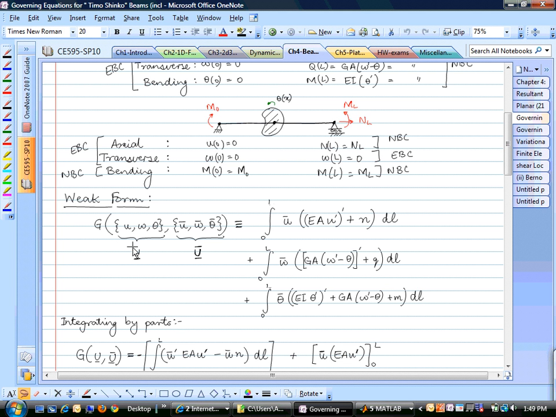So if we take this weak form, and we just multiply these three different terms with different scalars, all that we are doing is, finally, when we get our kd minus f, we are taking some of those equations, multiplying with a different scalar, some other sets of equations with a different scalar, and this equation with a different scalar.